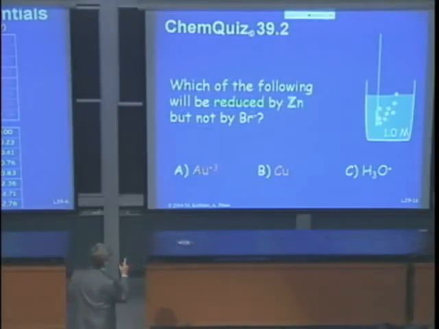Does it have to be above zinc to be reduced? I think so. But it should not be above bromine, shouldn't it be? Bromide, I'm sorry, it should not be above bromide. Why don't you think a little bit about this?